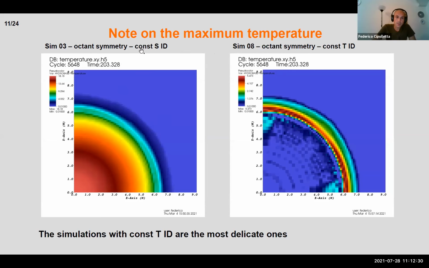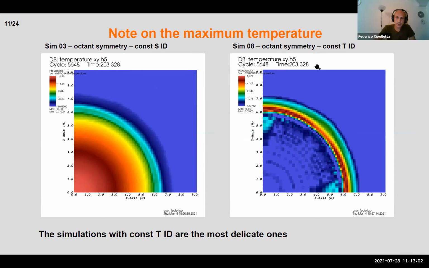When you consider constant entropy, the maximum of the temperature falls inside the neutron star, ideally at the center. While when you consider initial data with constant temperature, the maximum of the temperature is at the surface of the neutron star. So between those two choices, there is an important difference to care about.